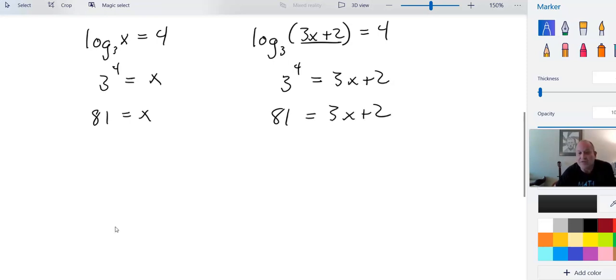Well, that's a linear equation, right? Same old thing we've always been solving since the beginning of algebra. So if we subtract 2, that gives me 79 is equal to 3x. And if we divide by 3, we get 79/3. Now, 79/3 is a fraction that doesn't reduce.